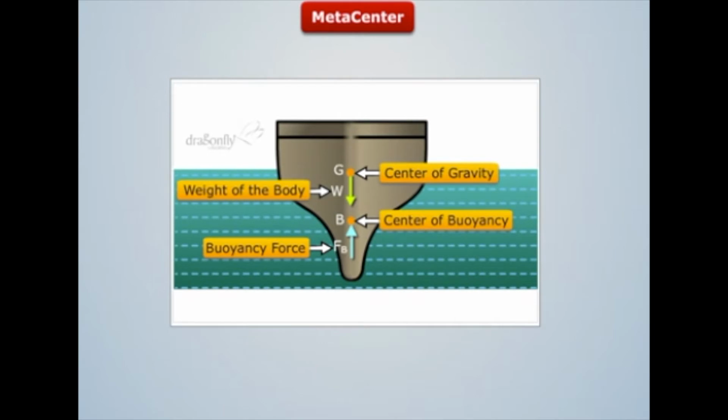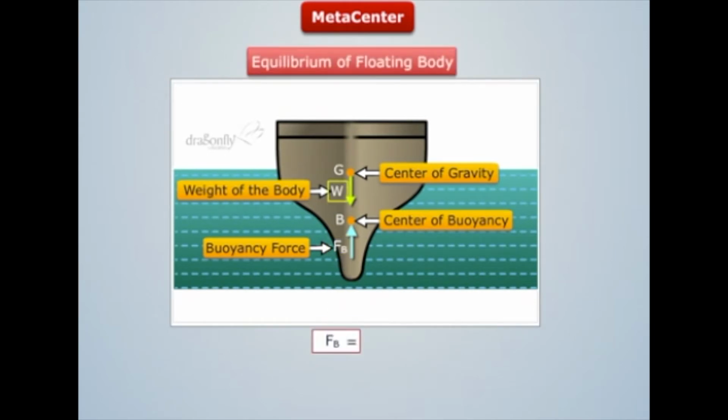Now, for a floating body to be in equilibrium, the buoyancy force should be equal to the weight of the body. Also, the center of gravity and the center of buoyancy should lie on the same vertical line, called the center line, BG.